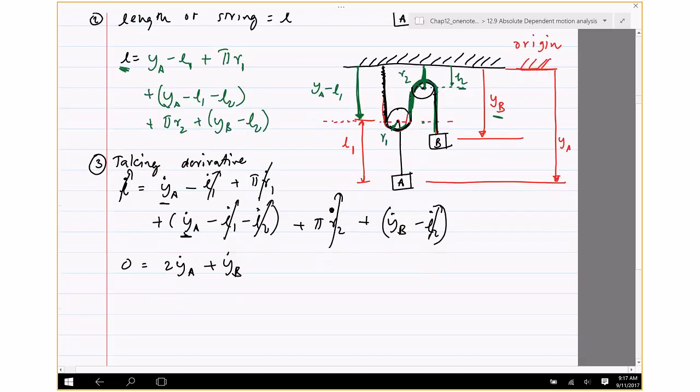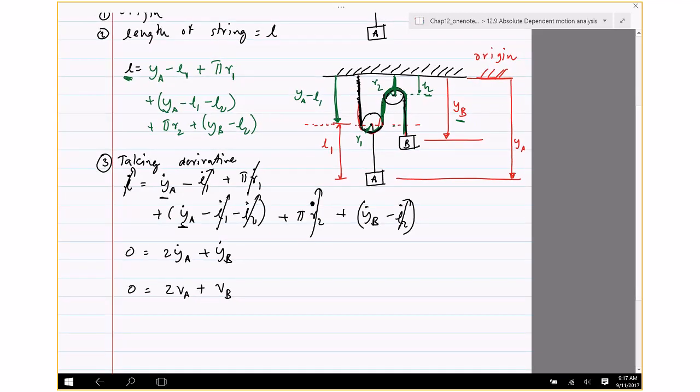Ya dot is nothing but the velocity of point A, so 2VA plus VB, and so VB is minus 2VA.